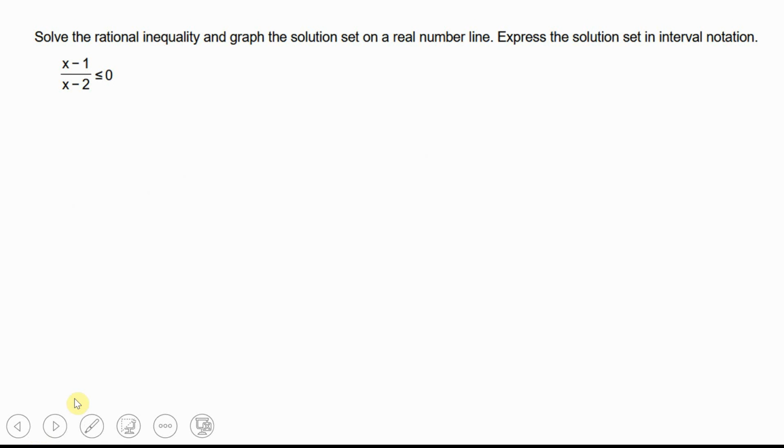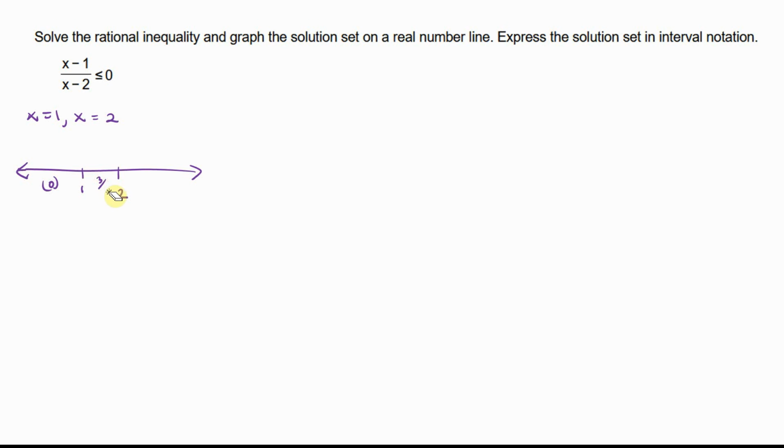All right, this one right here, everything's on the left side. Again, we get those critical values. You set this guy equal to 0, and we get from that x equal to 1, x equal to 2. We test those. Take the number line, divide it based on those values. So we have a 1, a 2 there, right? So then we're going to test for zeros over here.